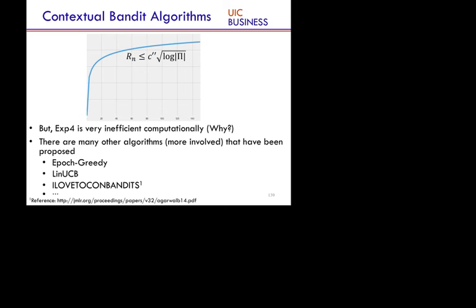If you have 100,000 policies, you have to maintain 100,000 weights potentially. That's why it's inefficient computationally. There are other more involved algorithms which pretty much do the same: deal with context, deal with policies, and suggest actions. We'll not go into them. So that's EXP4.